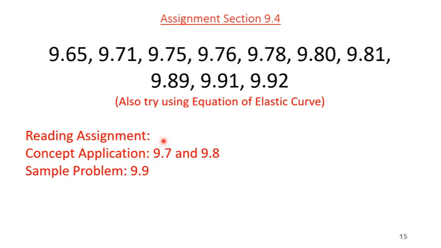Just a suggestion, try to use the equation of elastic curve, some problems, try to solve them. That is not required for the submission of the assignment, but for practice it will be a good thing to know. And just look at concept applications 9.7 and 9.8, it will further clarify, and also sample problem 9.9.